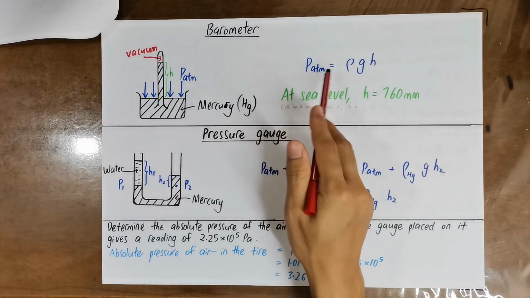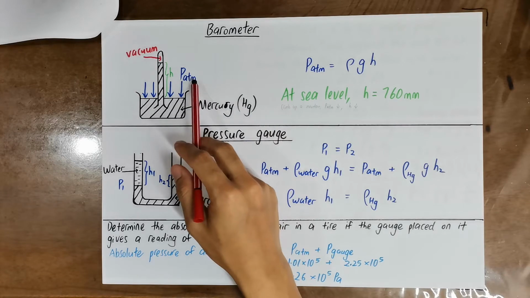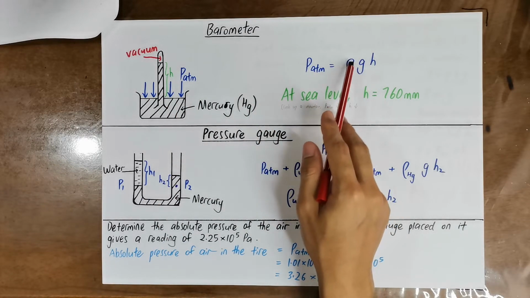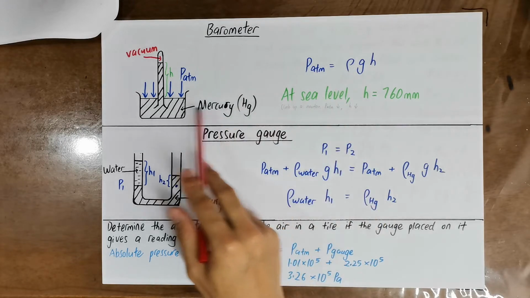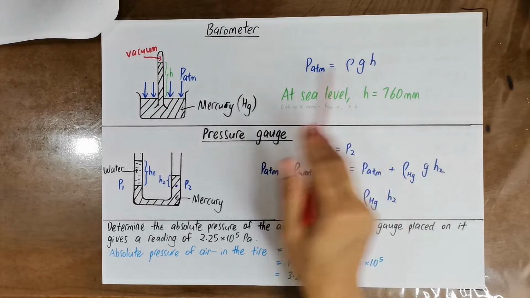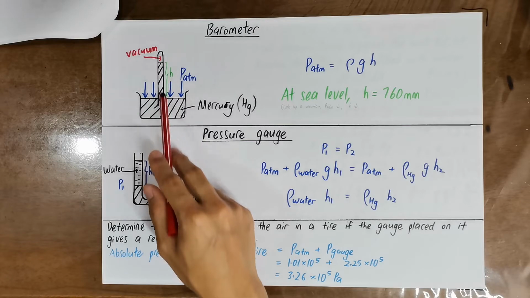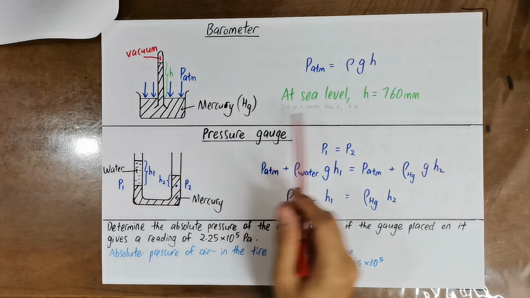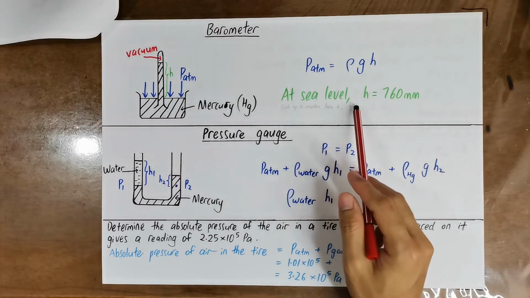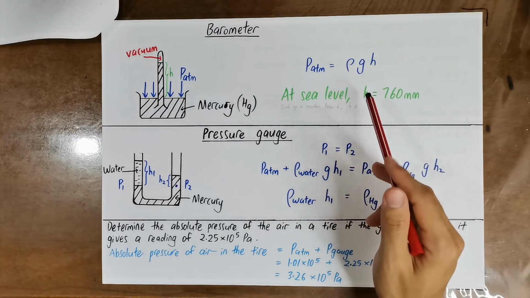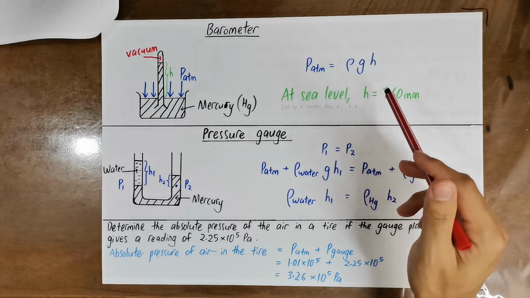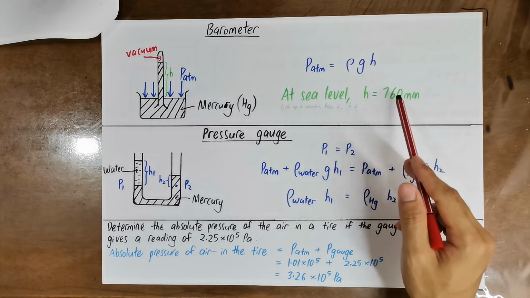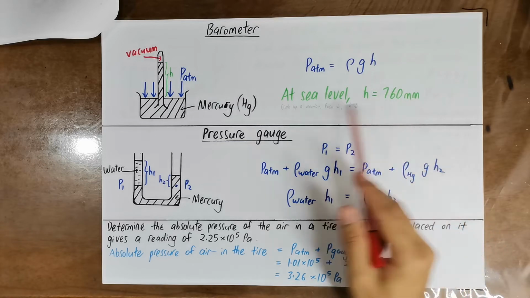The atmospheric pressure is equal to rho gh, where rho is the density of the mercury and h is the height of the mercury in the tube. At sea level, when the atmospheric pressure is 1.01 times 10 to the power 5 Pascal, the height is 760 millimeters.